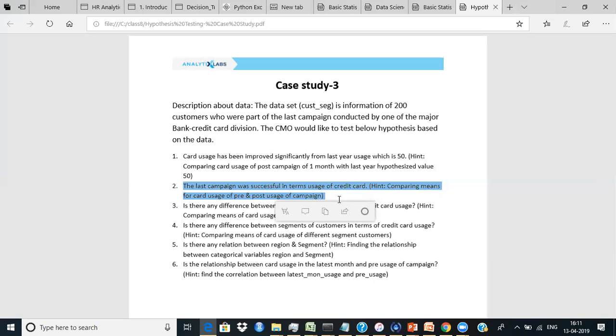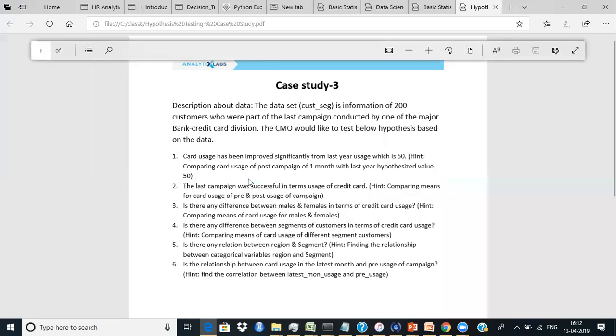To get benefit. That is the criteria. So the criteria is that usage has increased, right? So what will be the null hypothesis? Null hypothesis is pre-usage is equal to post-usage. Alternate is pre-usage less than post-usage, right?